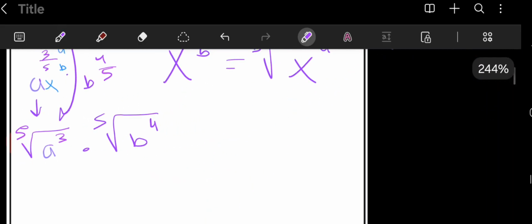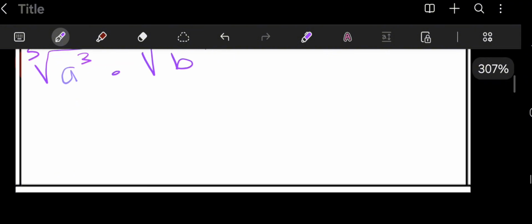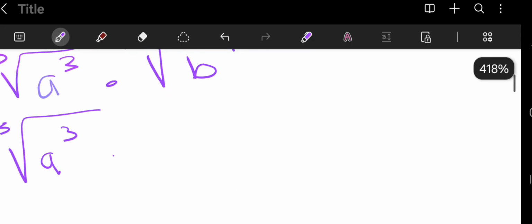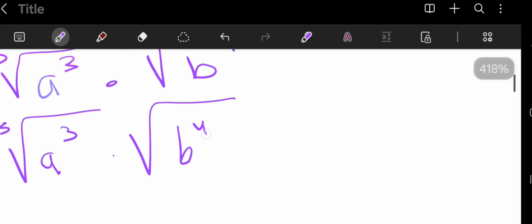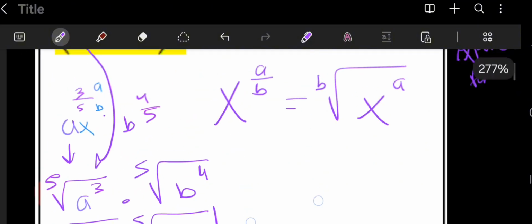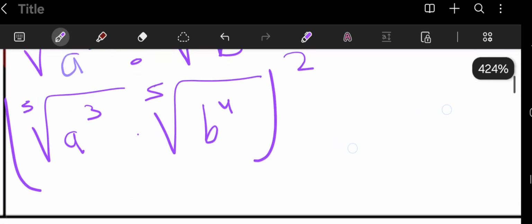So now we have the 5th root of a to the 3rd power times b to the 4th power by the 5th root, right? And then obviously we have those parentheses, and let's not forget up here we have that all squared. But we can actually simplify all of this a lot, right?